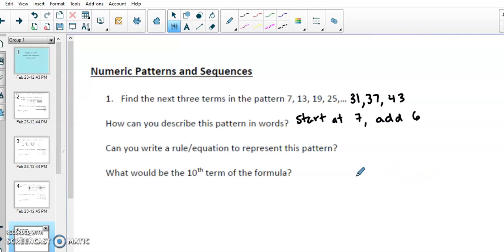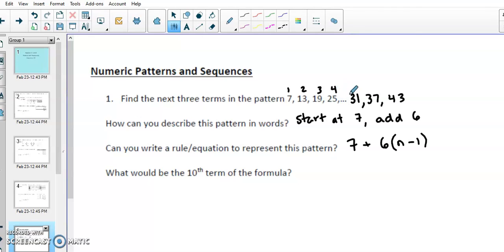Can we write a rule? It's actually exactly the same as the diagrams. We're starting at 7. We're adding 6. And it's this same n minus 1 as before. So if I think about this as the first, second, third, and fourth terms, how many 6's do I add? Well, it's 1 less than this number.